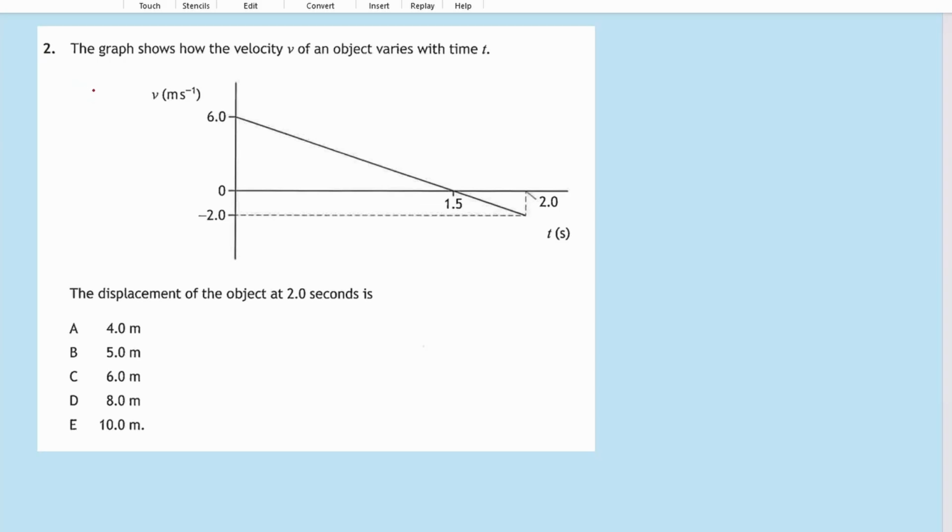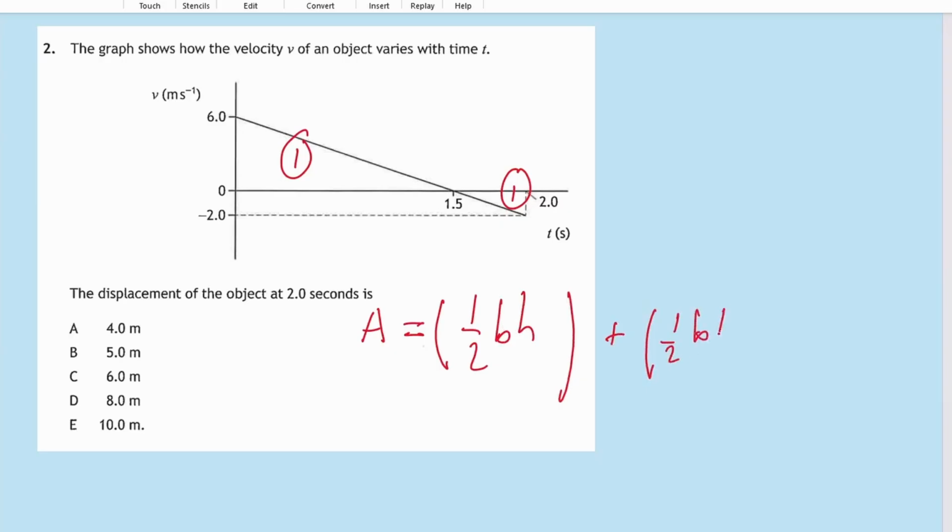Question 2 says, the graph shows how the velocity v of an object varies with time t, and we are asked to get the displacement of the object at 2 seconds. The way to do this is to get the area under the graph, and that would be this area here plus this area here. We use the area of a triangle, since these are two triangles, so a half bh plus a half bh, and now you substitute the values.